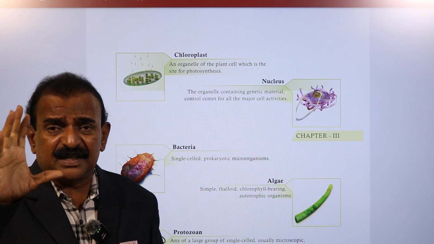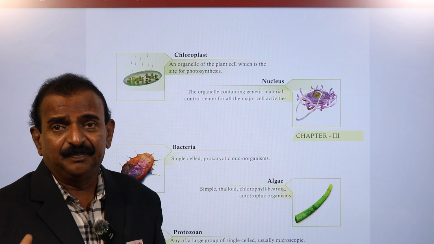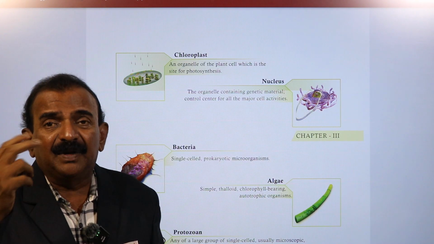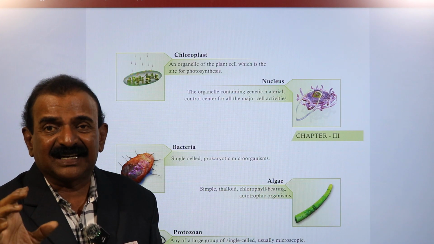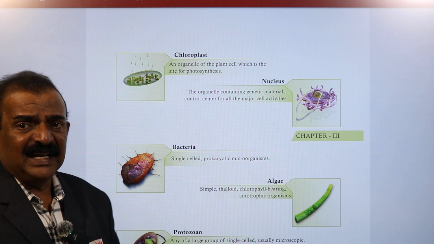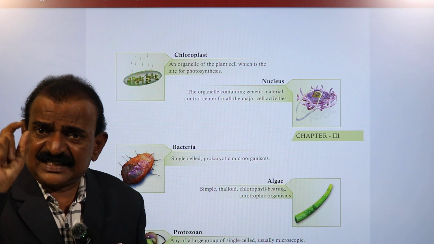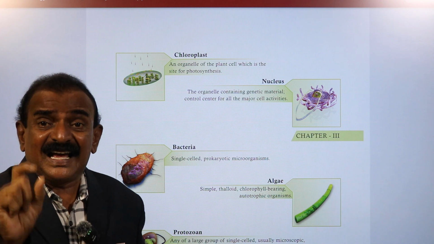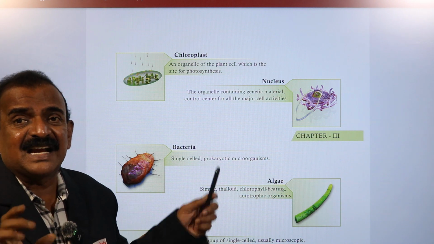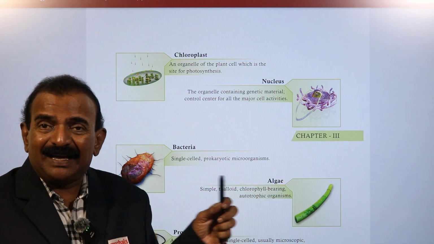So the chloroplast is a three-membrane structure, and the third membrane forms stacks. These stacks are called thylakoids and grana, and the grana are connected by stroma lamellae.